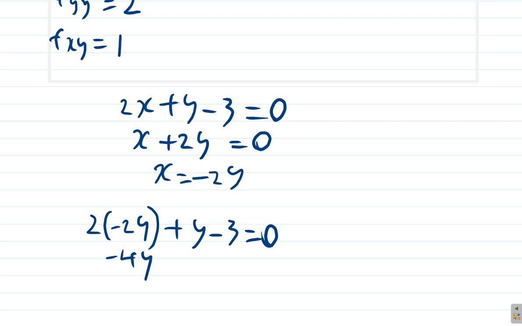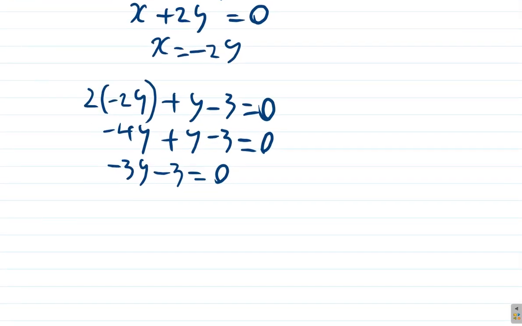So negative 4y plus y minus 3 is 0. Negative 4y plus y is negative 3y. Negative 3y minus 3 is equal to 0. Now that means negative 3y is equal to 3. So y is 3 over negative 3, which is negative 1. So y is negative 1.